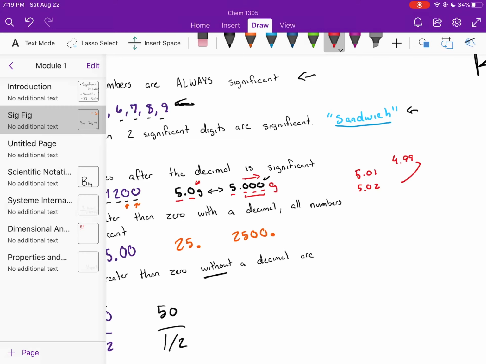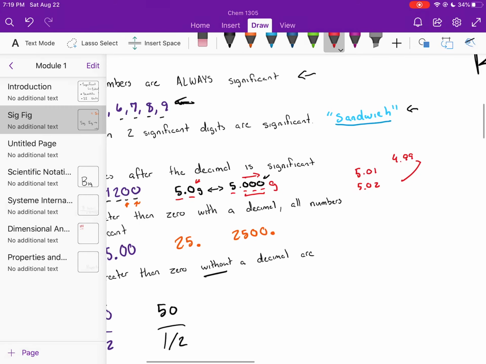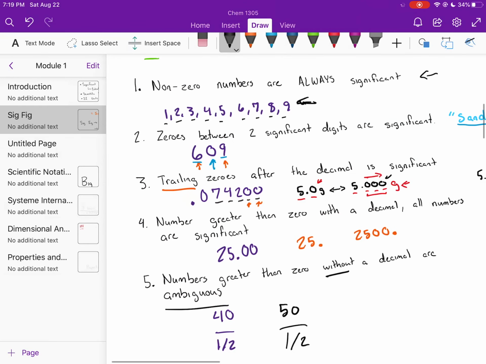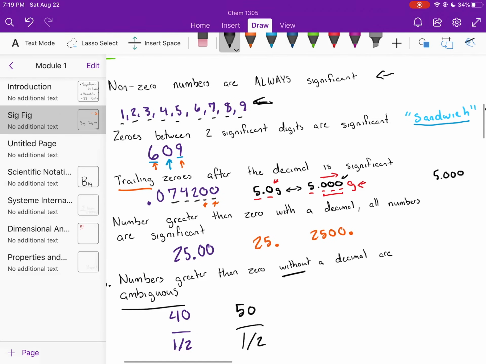These are 3 different numbers. But we know, because this number has more significant figures and more trailing zeros, that it's specifically 5.000. Right, and so that's why trailing zeros are significant, because the more trailing zeros you have, the more precise a number is.